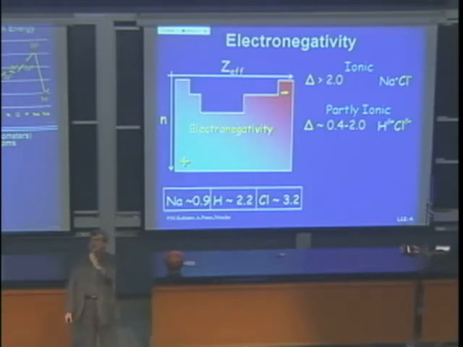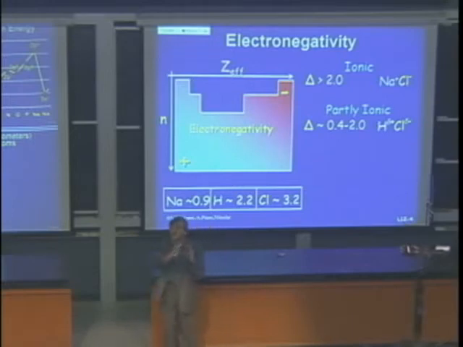The probability of having more electrons is on the side of the chlorine, because it has pulled the electrons away, has polarized them, so the hydrogen side is more positive. There is no full separation of charge. That's not ionic bonding, it's partly ionic, okay?